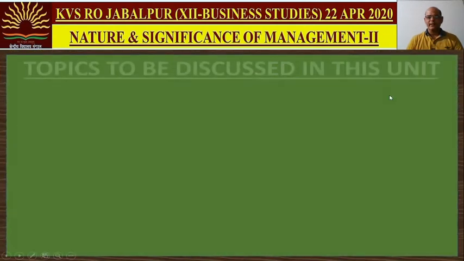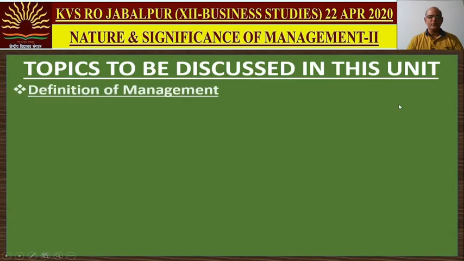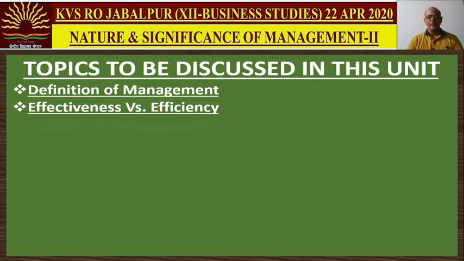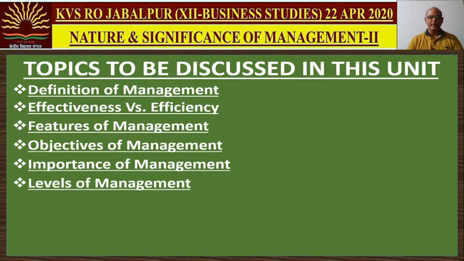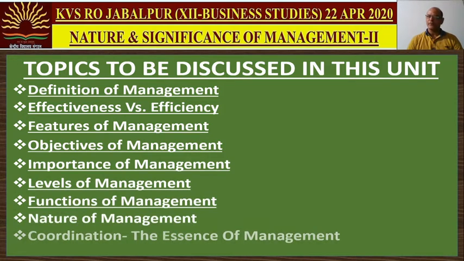The topics we decided to discuss in this unit were definition of management, effectiveness versus efficiency, features of management, objectives of management, importance of management, levels of management, functions of management, nature of management, and finally coordination as the essence of management.